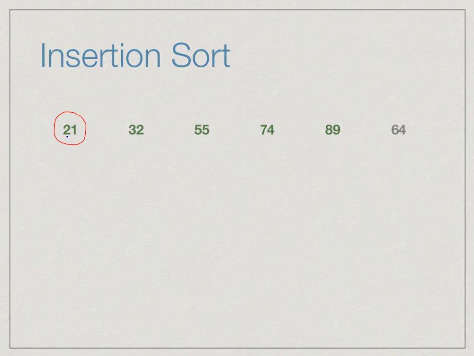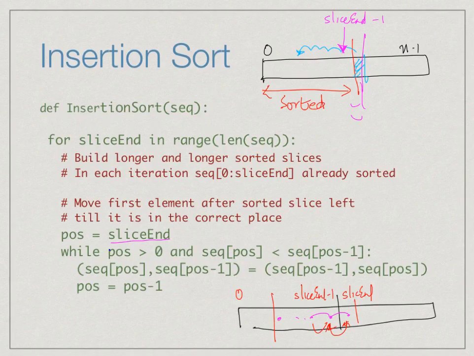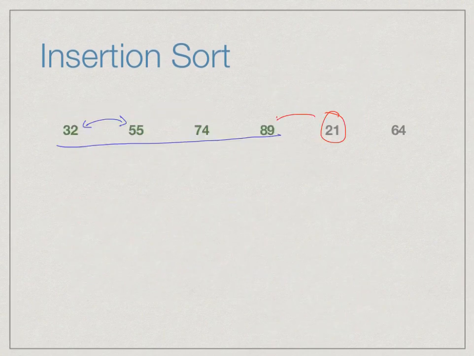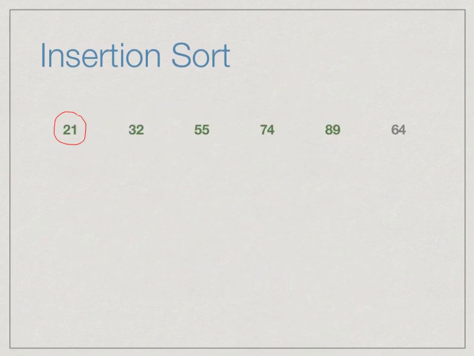So we stop not because we have found something to the left which is bigger, but because we have nothing to the left. So we have two conditions, if you remember that algorithm. It said that either the position should be greater than 0, or we should compare it to the value on its left. In this case, we have no value to its left, so we stop.